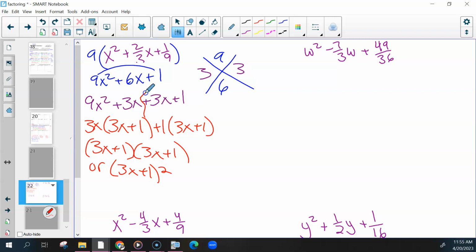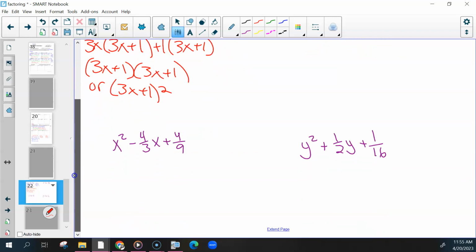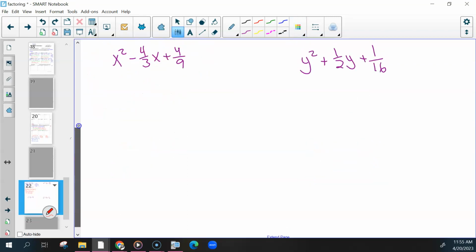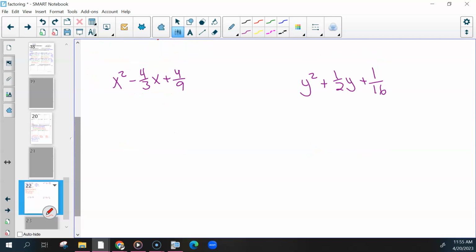So if that way makes sense, do that. If you are looking at them and can see it this way and want to do it this way, then you can also do it this way. So for this problem, if you can find the two numbers that would multiply to be 4/9 but add to be negative 4/3, you would have to think about what times what would give you 4, what times what would give you 9.